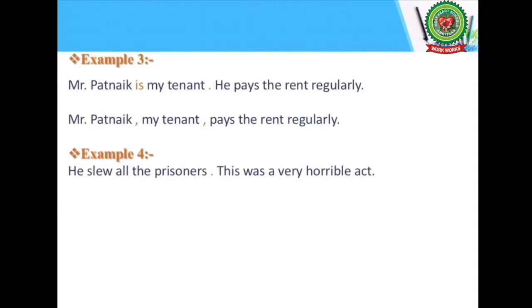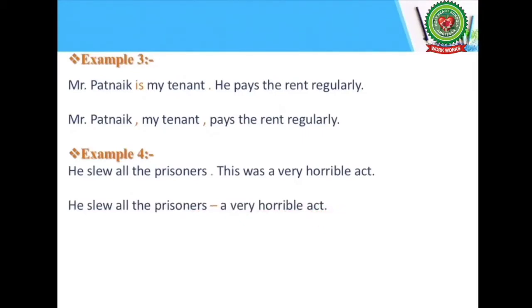So our answer will be: he slew all the prisoners, remove the verb was, and put a hyphen in its place, a very horrible act. So what will be our answer? Our answer will be: he slew all the prisoners hyphen a very horrible act.